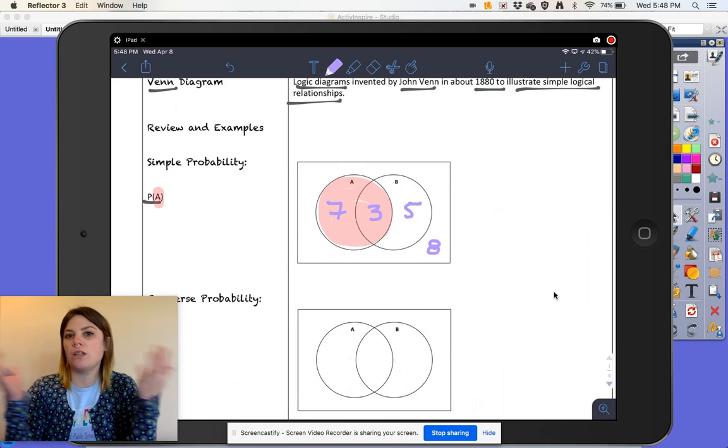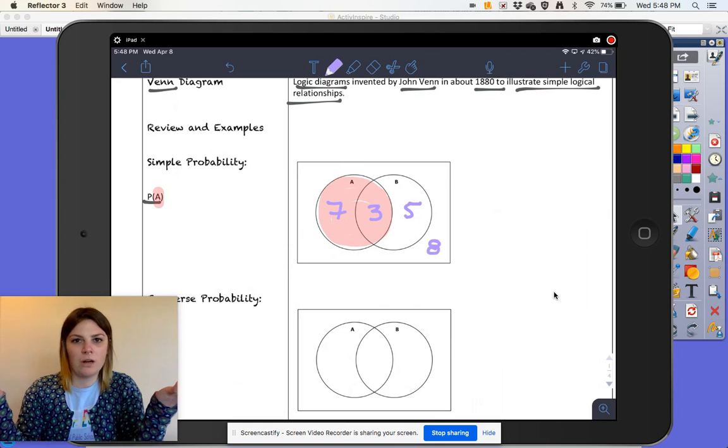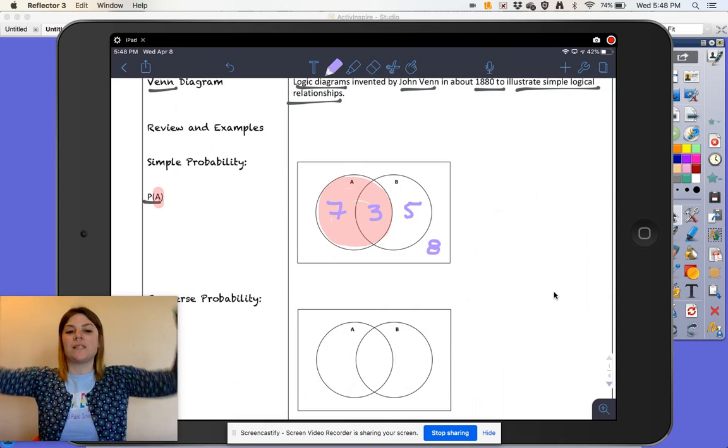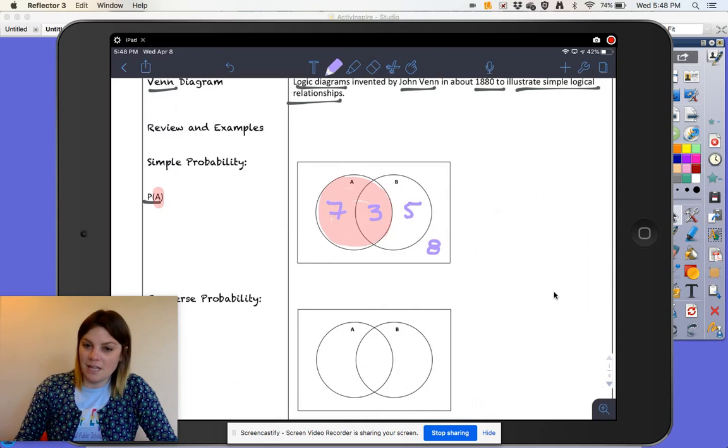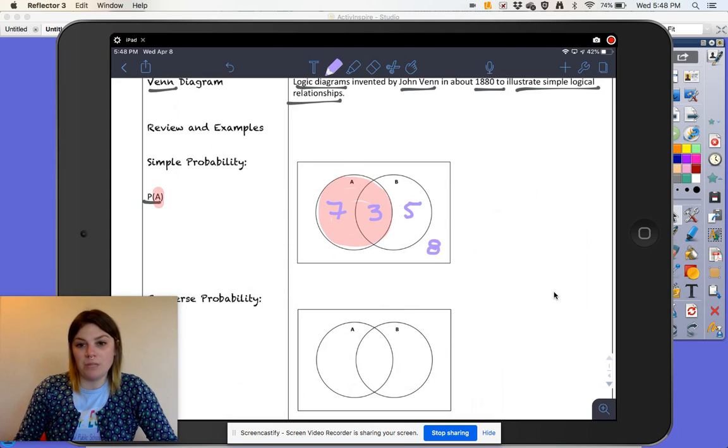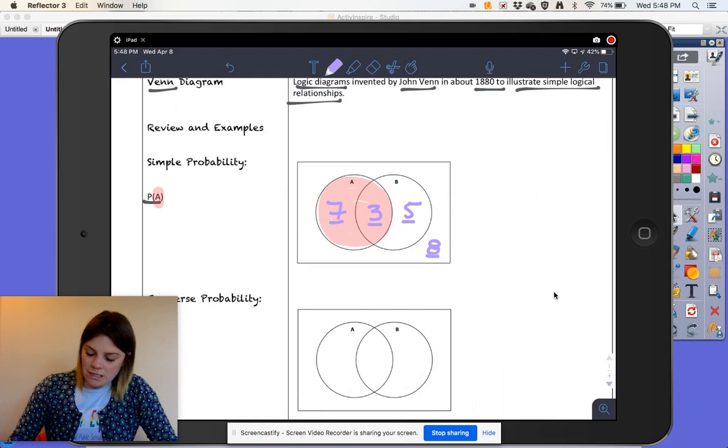What if you're neither of those people, right? Where is that? That's outside of the two things. So this is saying there's 8 things that are not in A and not in B. Kind of cool. And so 7 and 3 and 5 and 8, what does that add up to? Well, 7 and 3 is 10. 5 and 8 is 13. So that would be 23.